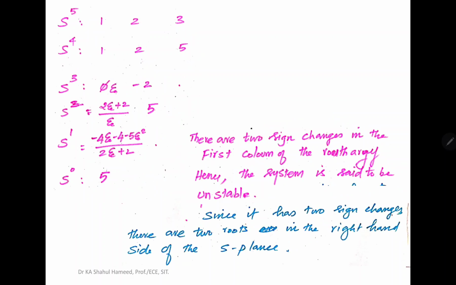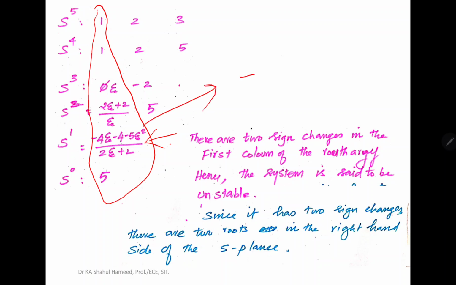Now when we look at the first column of the Routh array, except this one, all are positive. And when we take the minus outside, we get minus 4 epsilon plus 4 plus 5 epsilon squared divided by 2 epsilon plus 2.